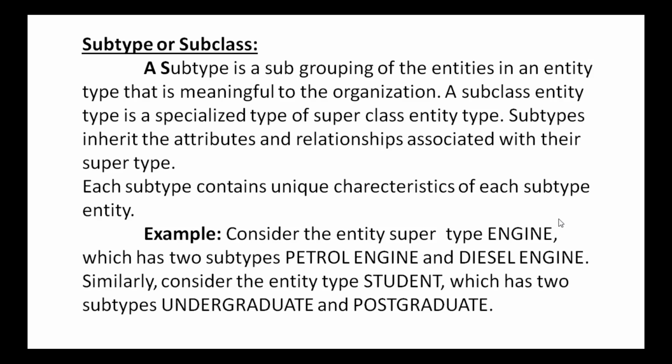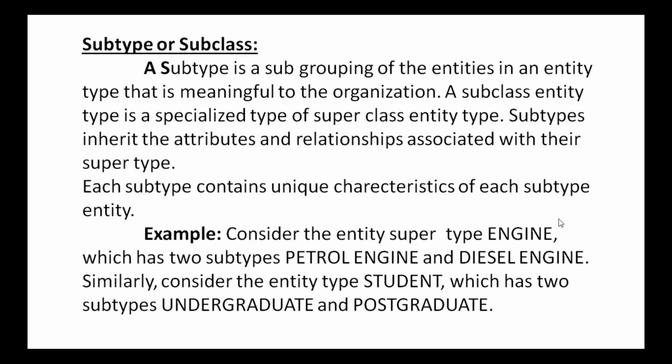A subtype is also a subgrouping of entities in an entity type that is meaningful to the organization. These subtypes inherit all the attributes and relationships associated with their supertype. And one more thing: an entity subtype cannot exist without the existence of the superclass.